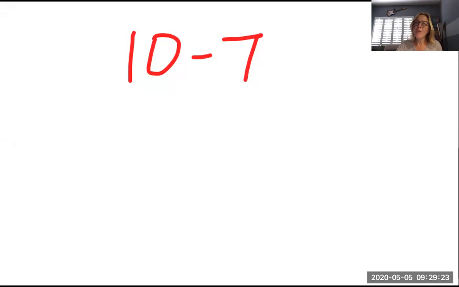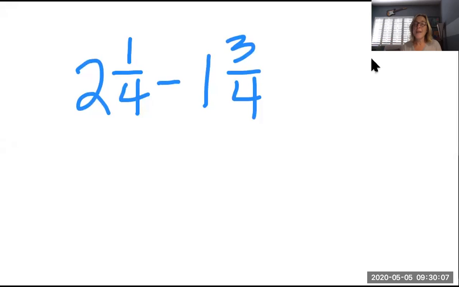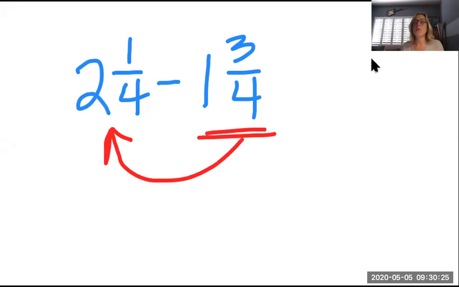So the same thing holds true when you're dealing with fractions or mixed numbers. So let's take this problem, 2 1/4 minus 1 3/4. Again, same idea that we could count down or we could count up. So let's think about counting up in this case. If we are starting at 1 3/4 and we want to get to 2 1/4, that would be the difference between them.